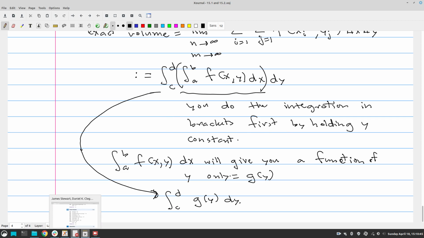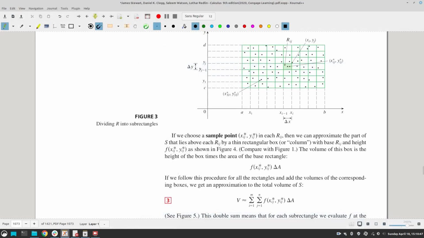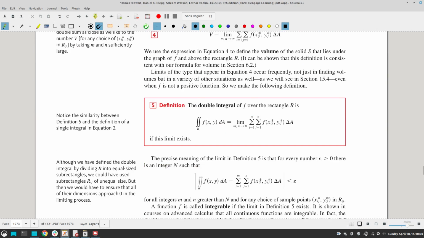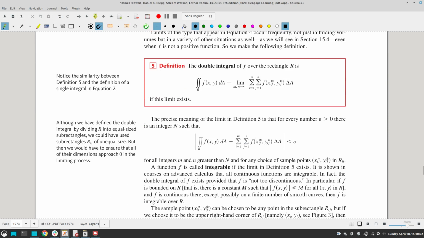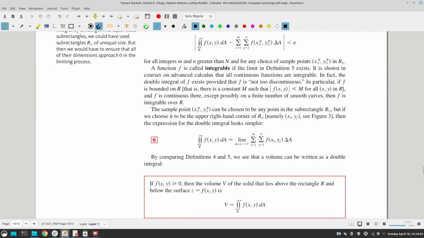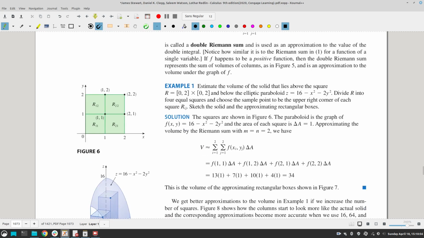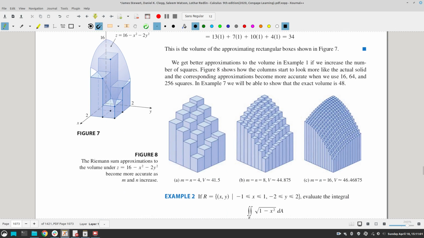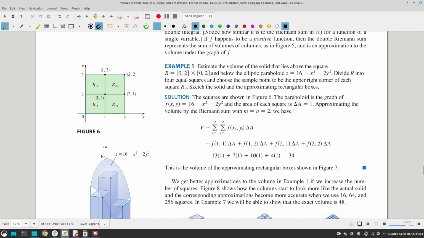Let's look at a few examples. Okay, so let's say this is an example of a Riemann sum, right? Estimate the volume of the solid that lies above the square R, so above this square.